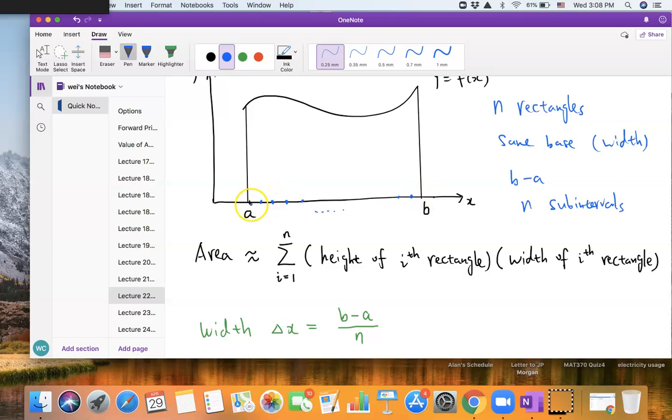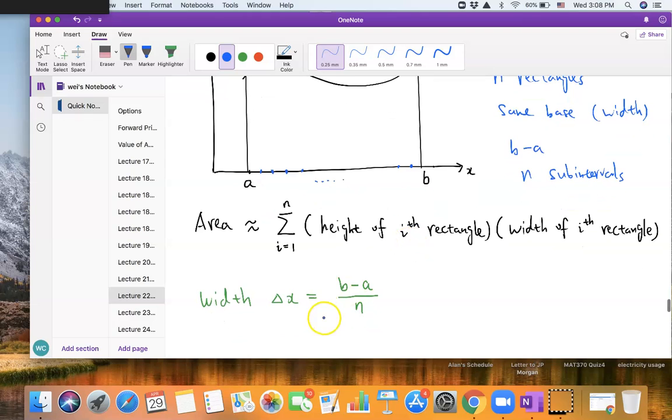Therefore, the length of each subinterval is given by (b minus a) divided by n. So the width of the rectangle is given by this formula.